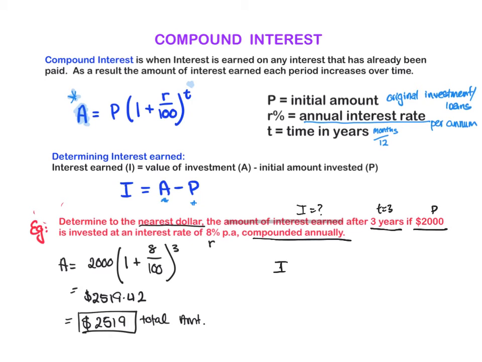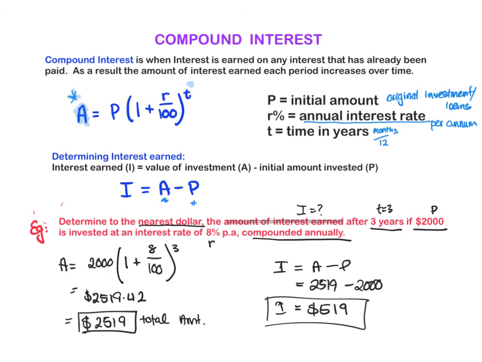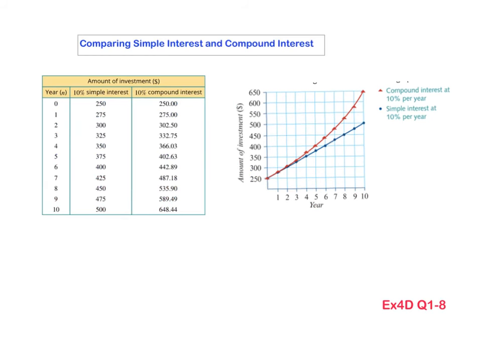So interest equals the amount minus principal. So 2519 minus the principal, which was 2000. So the interest I've earned is 519. You can pop a box around that answer. So that's how much I would have earned after 3 years.